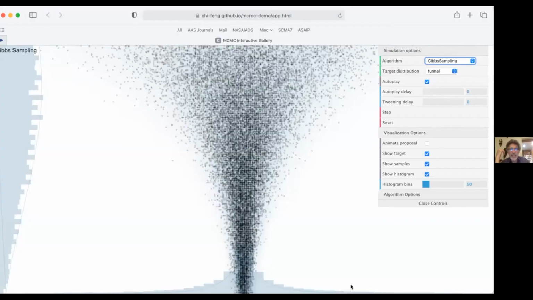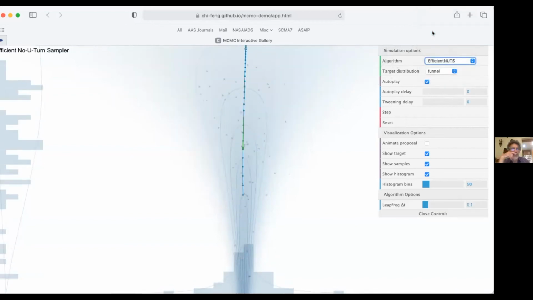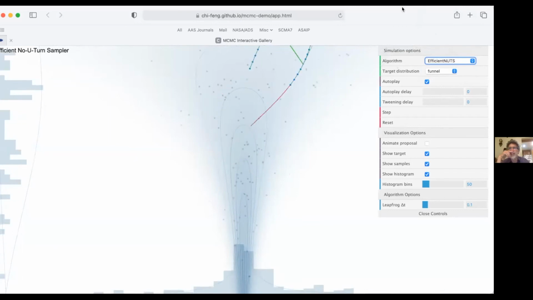Is it getting better? Slowly. This was not one of the smartest algorithms. And so it's pretty slow and getting better and better. Let's see if one of the other ones does better. How about efficient NUTS? We'll let this one run for a few minutes and see if it does it faster.